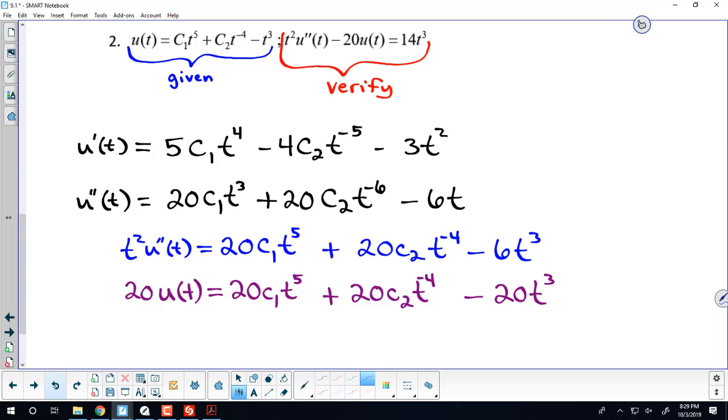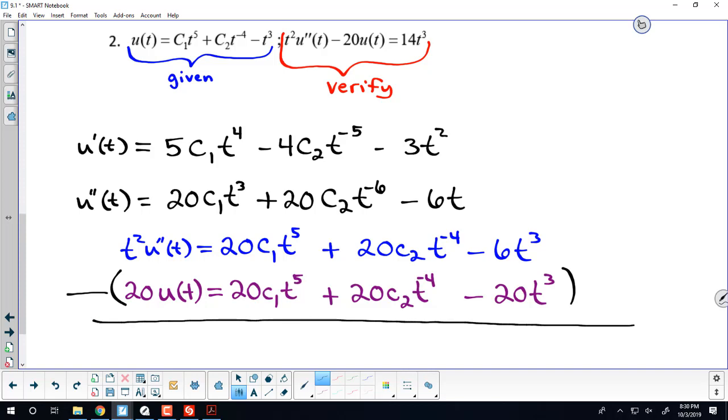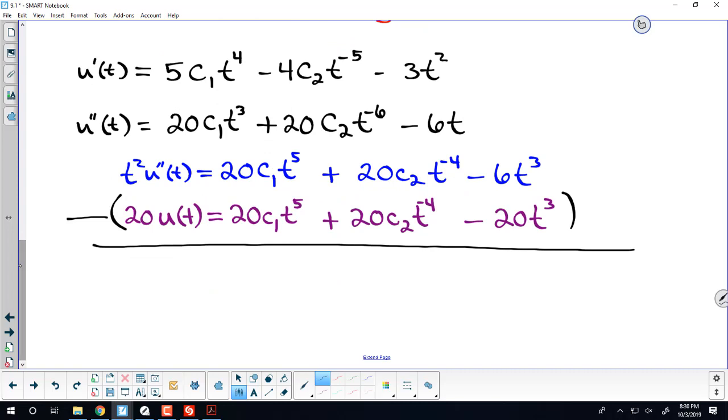All right, so we've got to verify that t squared u double prime minus 20u is equal to 14t cubed. Let's just subtract these and put that result here instead of writing all of that over again.